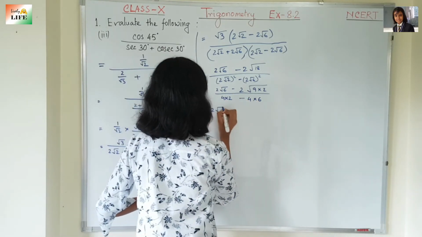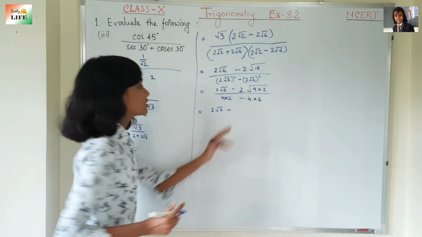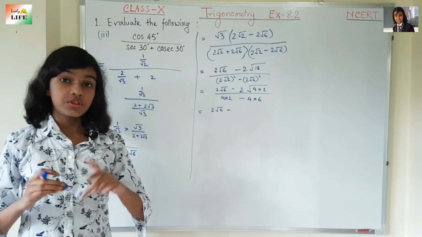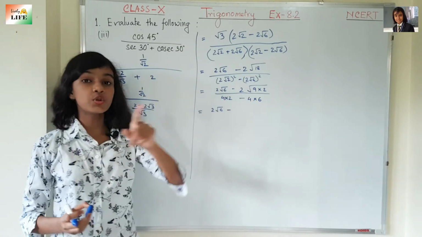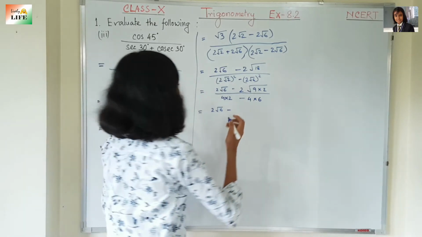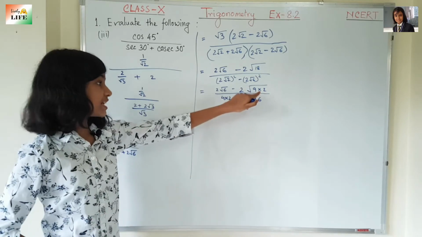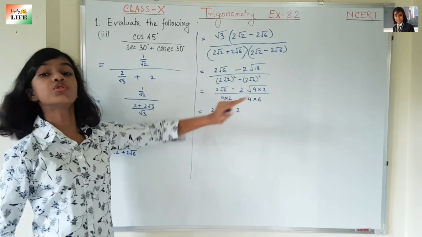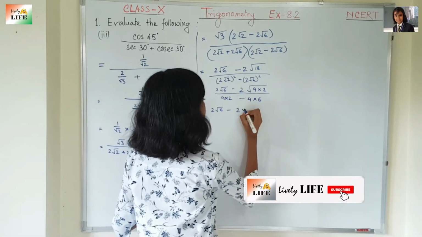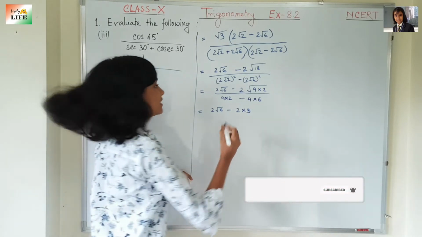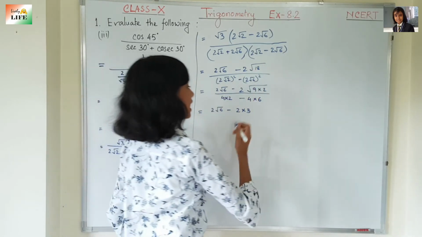Now why have we written this as 9 into 2? Because we know 3 square is 9, so root 9 is 3, right? So what will happen? We can take out 3 from here. If we take out 9 from here, over here we can write 3, right? So we are going to write 2 into 3. Okay. That's why we have divided 18 into 9 into 2.